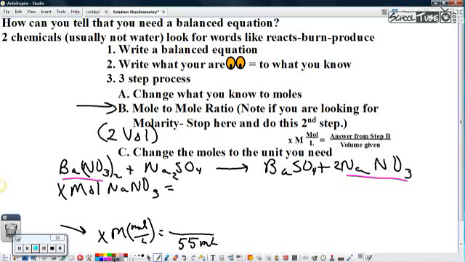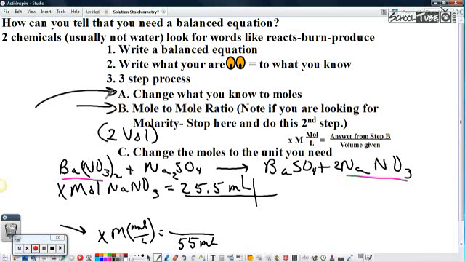Okay? So now I'm going to take my X moles of NaNO3, and that's going to equal, is the moles a fraction? So I'm going to say it equals 25.5 milliliters. All right, what's the first step of my three-step process? Change it to moles. What can I use to change milliliters to moles?